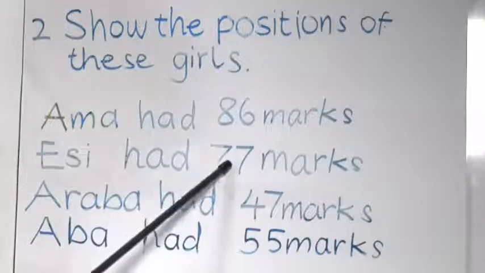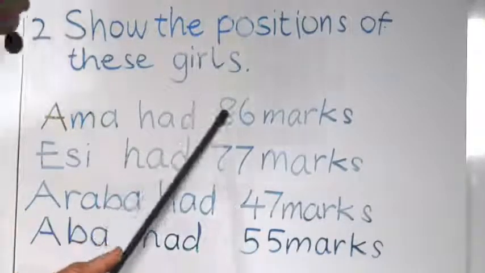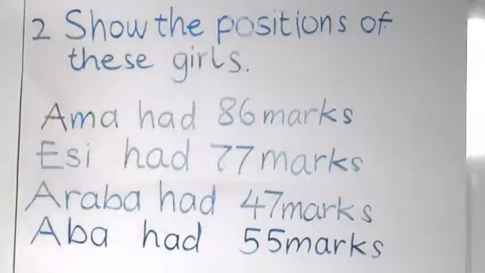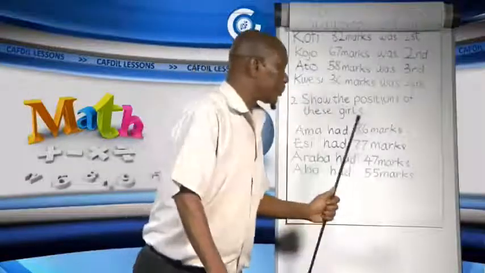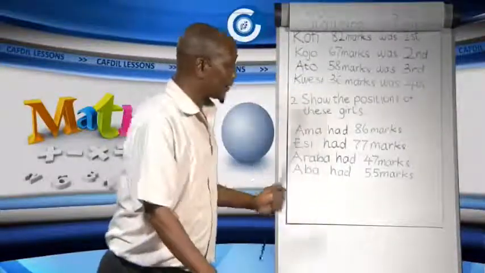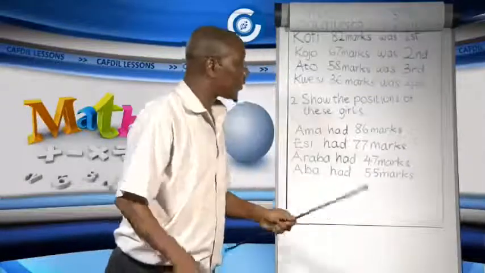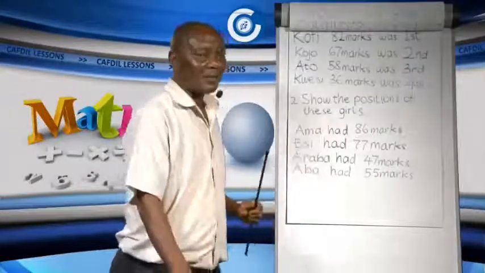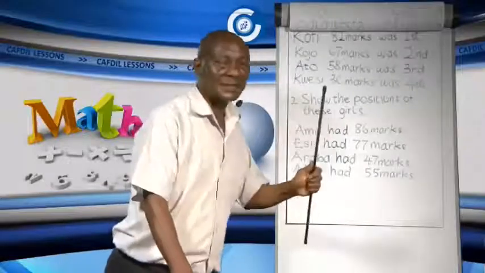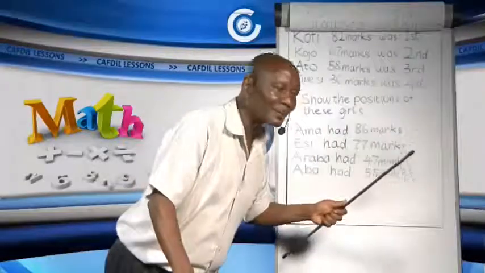AC had 77. Amma had 86. Who had the third higher mark? Between 47 and 55, which is higher?